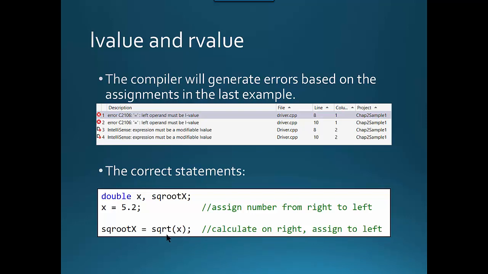This is a function call to something called square root, and presumably it will take 5.2 and return the square root. The output of a function, often you're going to need to store into something to use it later on. So it's not unusual to have a function that returns a value on the right side of an assignment operator, and then a variable on the left side.